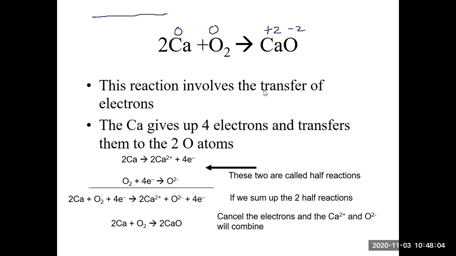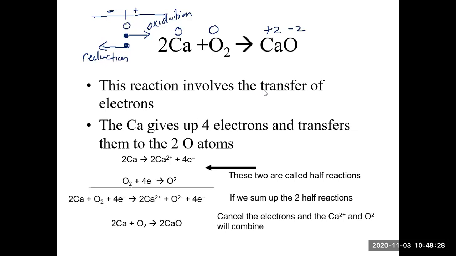Again, if you're not sure, if you look at your number line here, we look at the calcium, started at 0, ended at +2, going to the right, which means the calcium is going through oxidation. If we look at the oxygen, started at 0, ended at -2, going to the left, which means this is going through reduction.